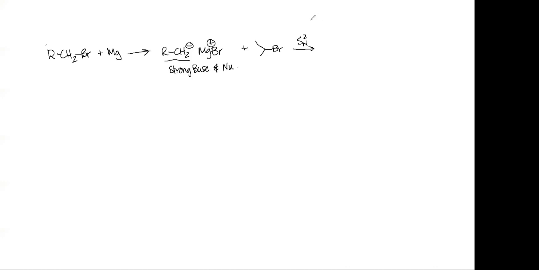They tried, and the problem is it doesn't work. You would think that the Grignard with the C minus would do an SN2 reaction, but you don't get that reaction.